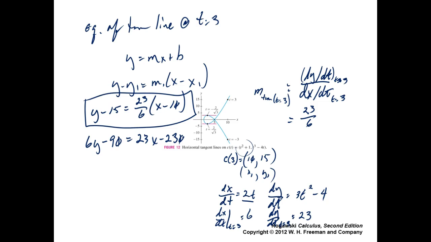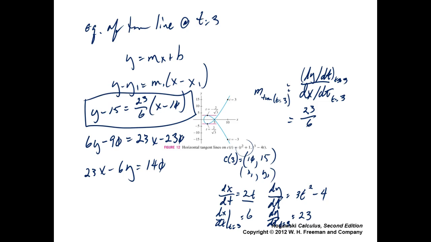Okay. So we've done the A part. I was going to say 23x minus 6y is equal to 140. That would have been another equation for the line, but they didn't have it in that form.